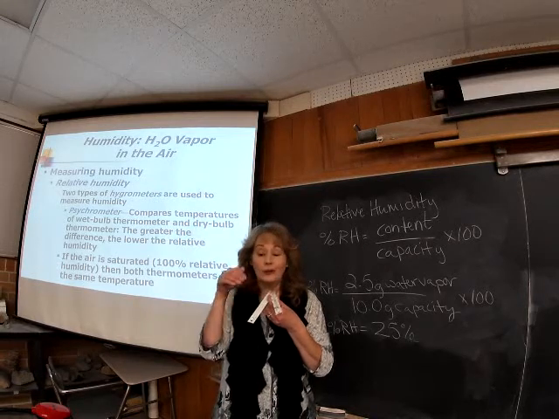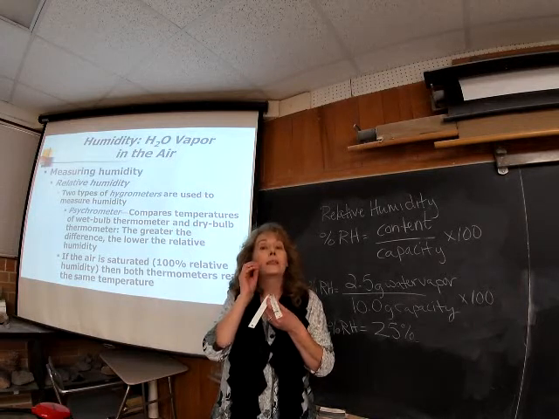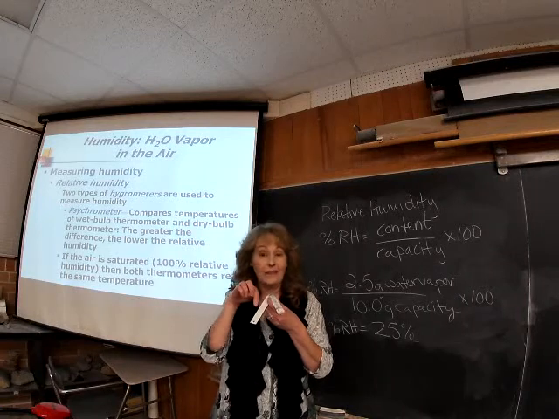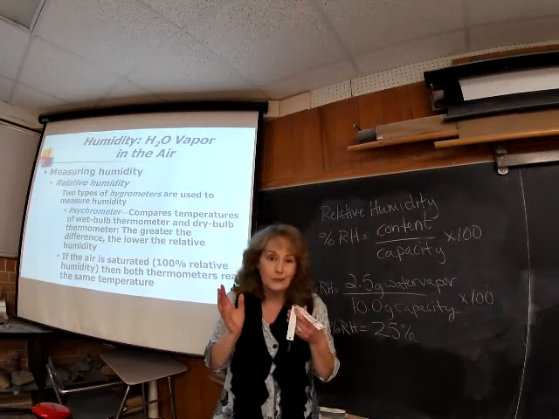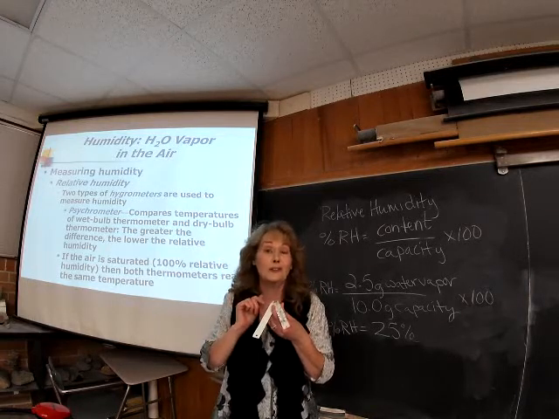The closer these values are together, dry bulb and wet bulb, the more saturated you have. If they're the same, temperature hasn't moved at all, the atmosphere is saturated with water vapor, and I can't get any of the water from this gauze to go into the atmosphere.